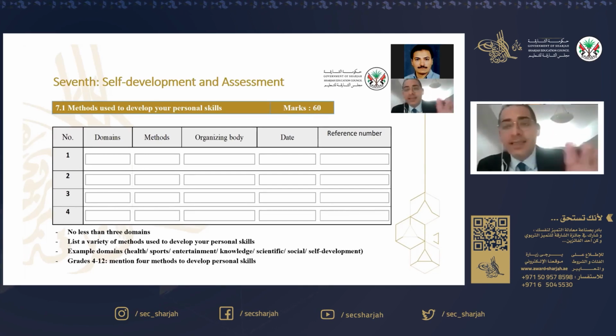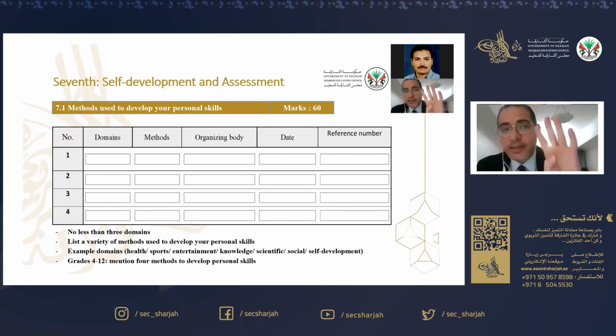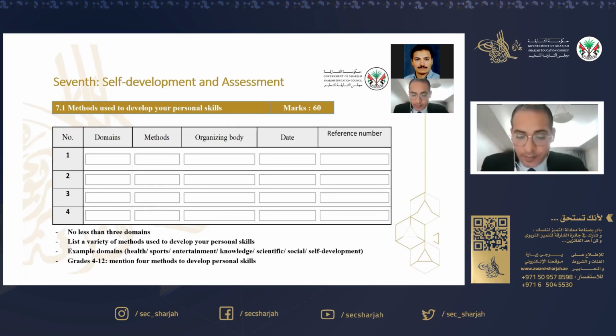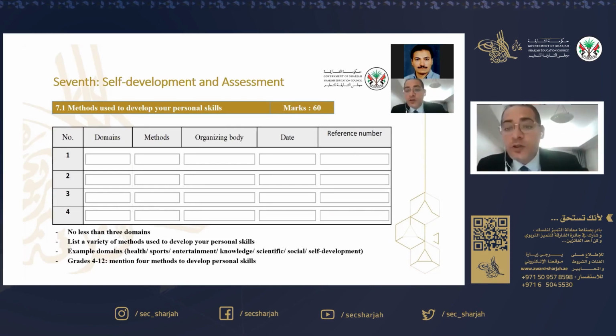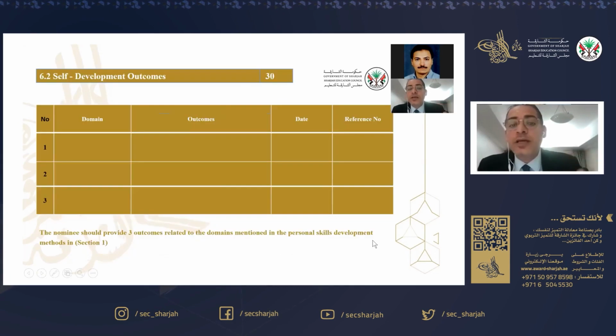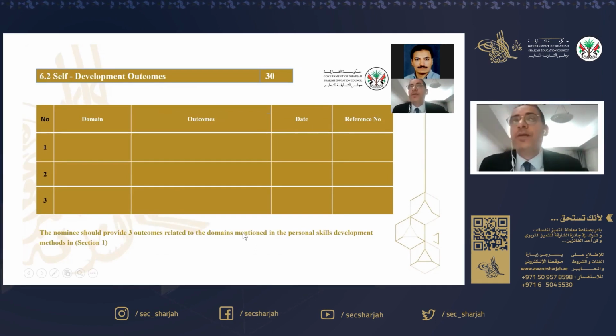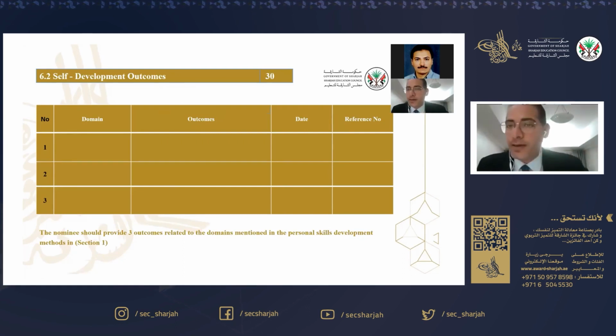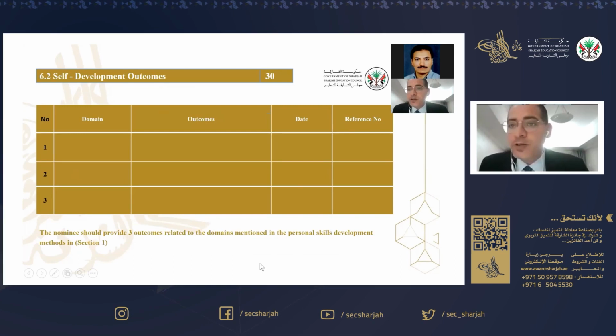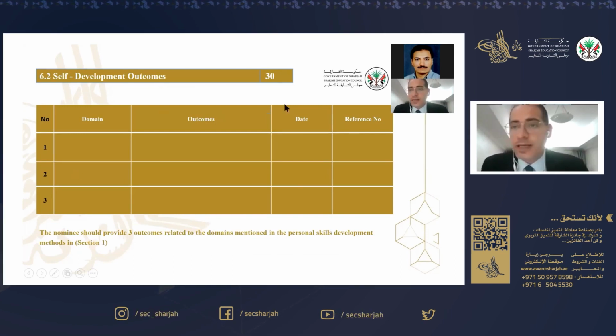Now, you've listed 4 personal skills, and you need to list 3 outcomes of these personal skills. I gave an example that one of my personal skills is public speaking. Okay, what is the outcome of this personal skill?